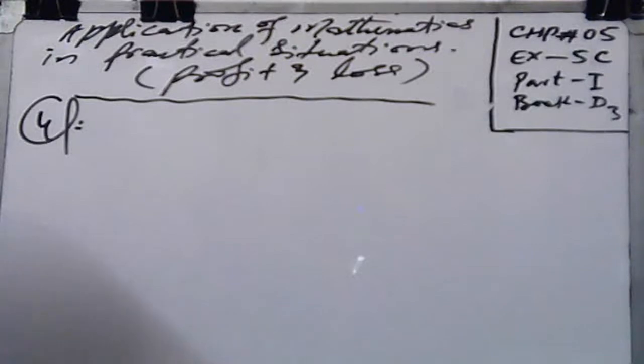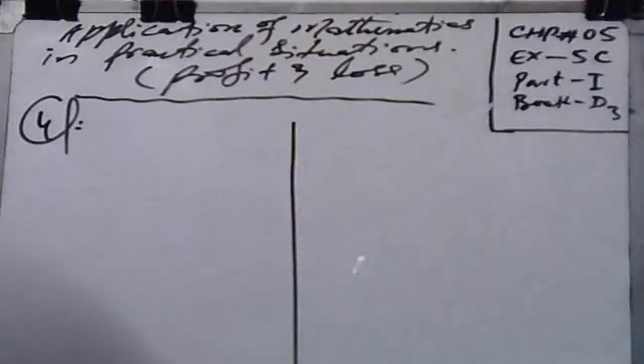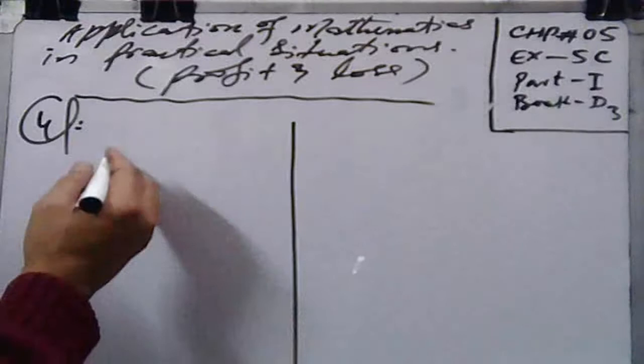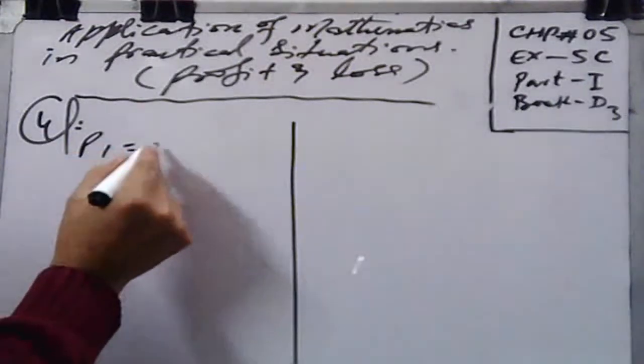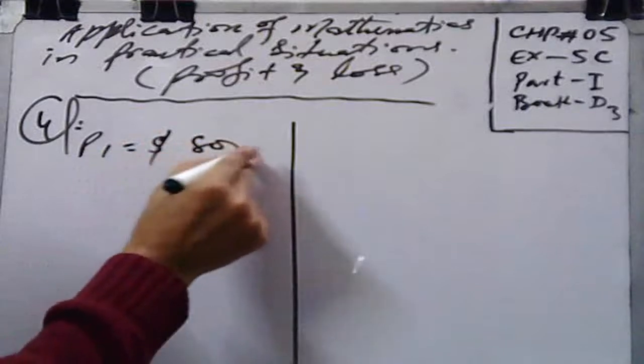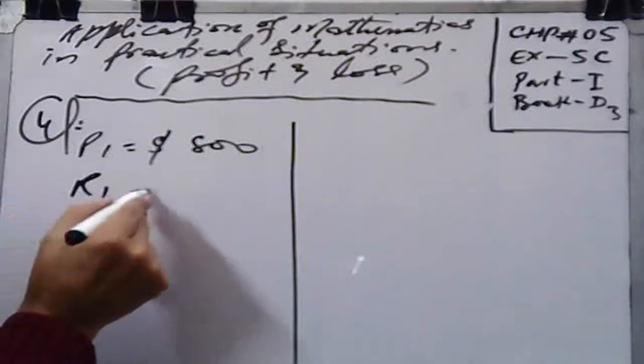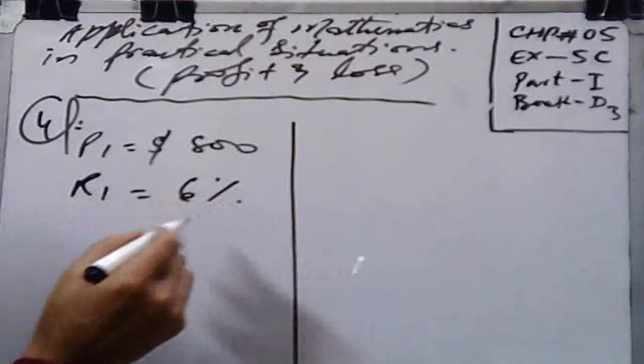So there are two investments and we have to find the simple interest for each of the two. First of all, we have to draw the line. For example, the first investment, that is the principal amount, is $800, then the rate of interest is 6% and we have to find the simple interest.